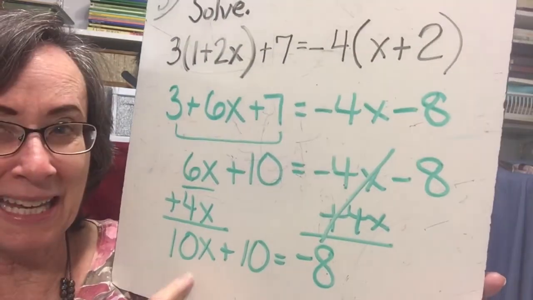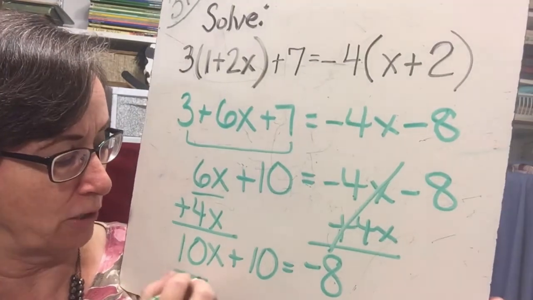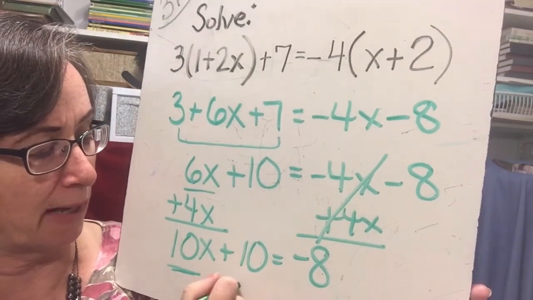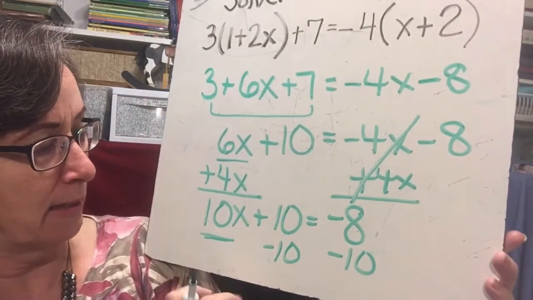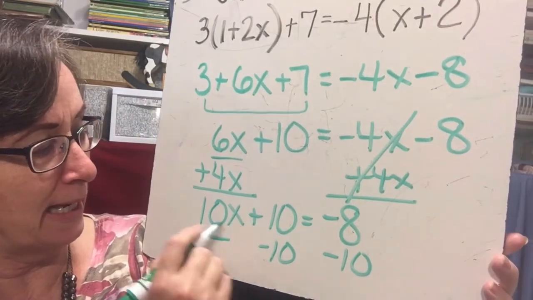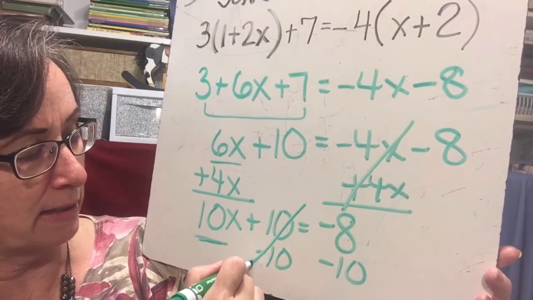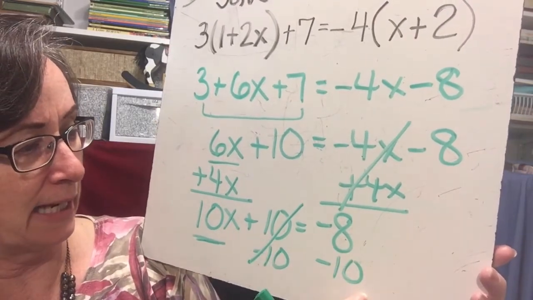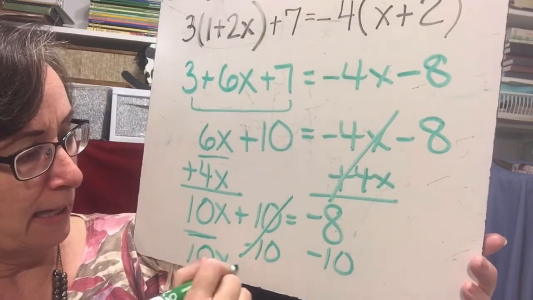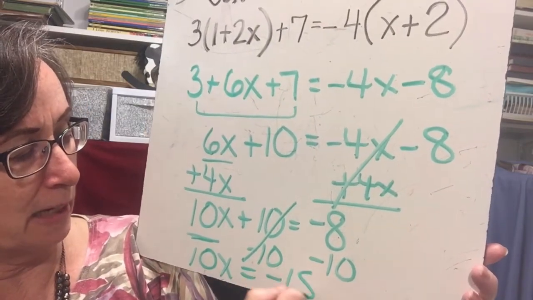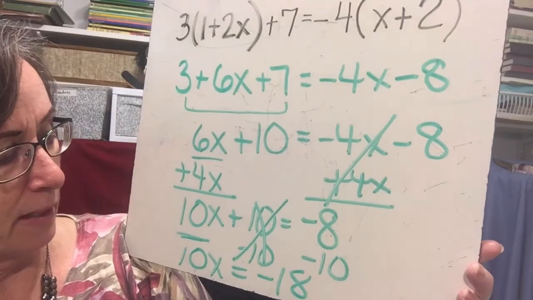I want to get the 10x by itself, so I'm looking to get the term by itself. So I'm going to subtract the 10 to get rid of it, but I have to do the same to both sides. So now I have 10x, this cancels, and a negative 18. Okay, so I have 10x equals negative 18 because this one cancels out.